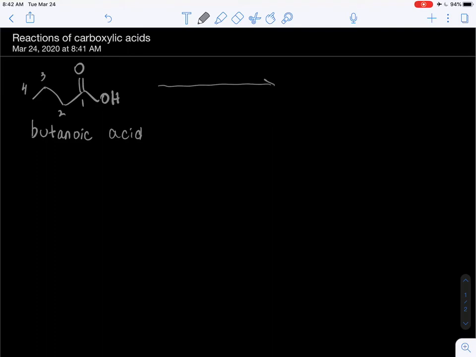We can treat this with 3 different reagents, okay? As I've mentioned, you can treat this with thionyl chloride. Thionyl chloride will convert the OH of the carboxylic acid into a chlorine there, okay?